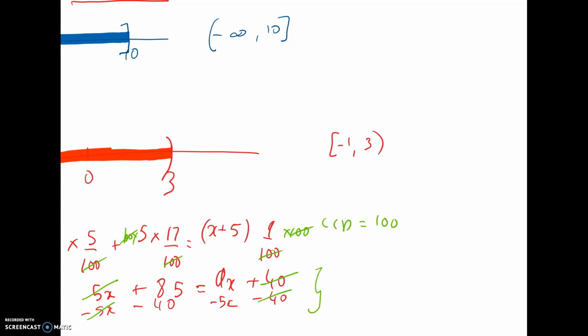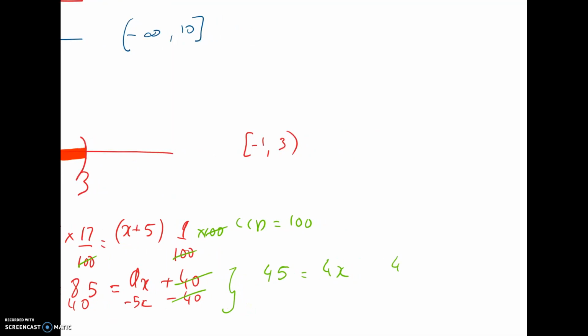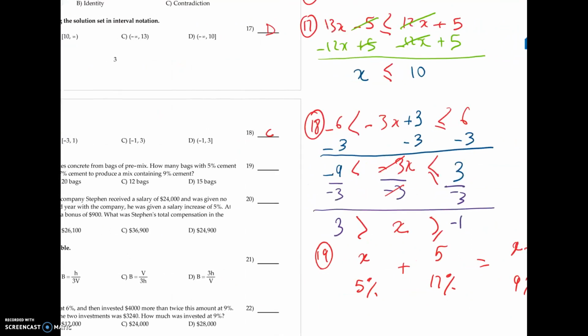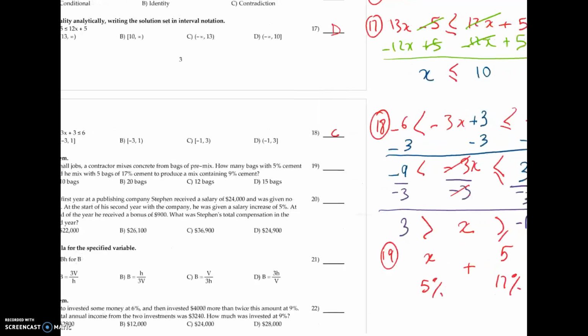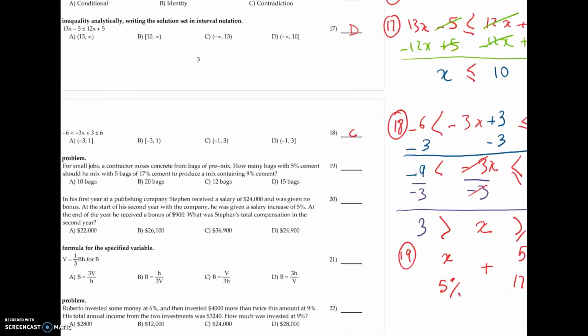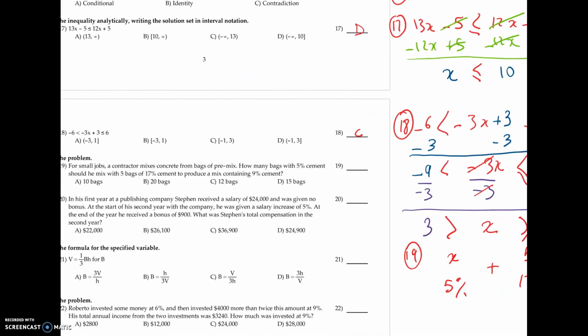Now that means I have 45 equal 4x, and so 45 divided by 4 equal x, being the number of bags you need to add to 5 bags at 17% cement to be able to have a mix containing 9% cement.